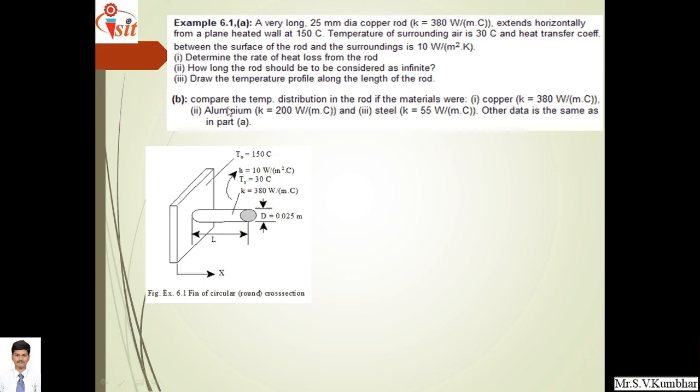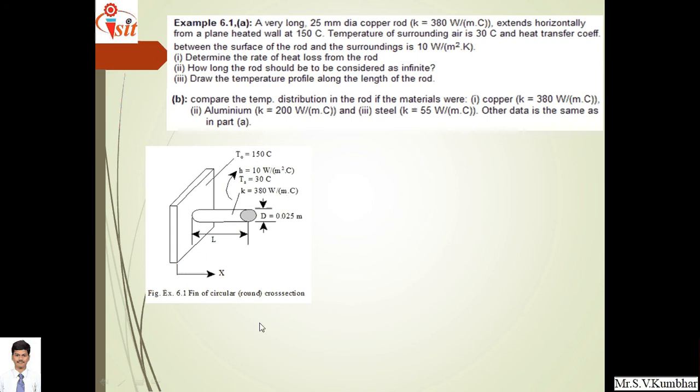Second, compare the temperature distribution in the rod if the material were copper, k equal to 380 watt per meter degree centigrade, aluminum, k 200 watt per meter degree centigrade, steel, k 55 watt per meter degree centigrade. Other data is same. In the second part, we have to just compare the amount of heat transferred through copper, aluminum, steel, etc., remaining all other parameters same.